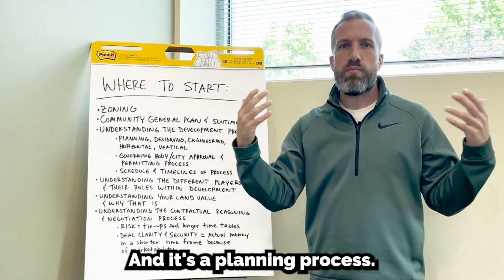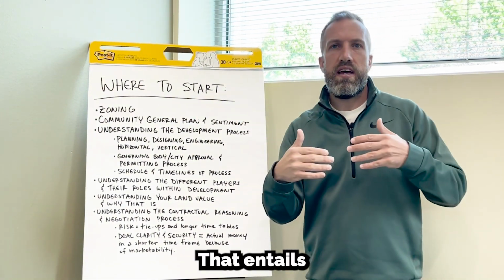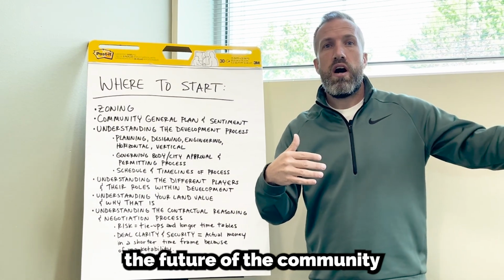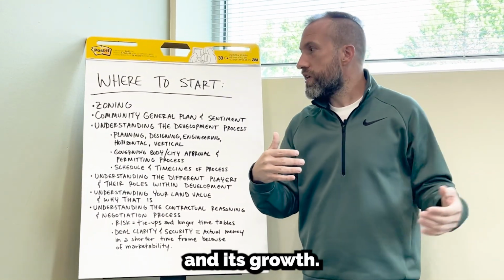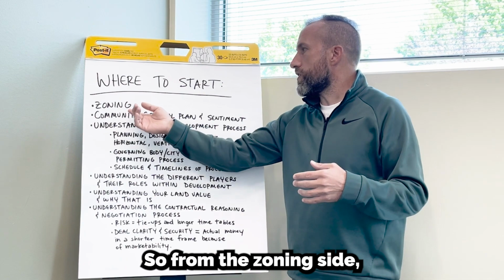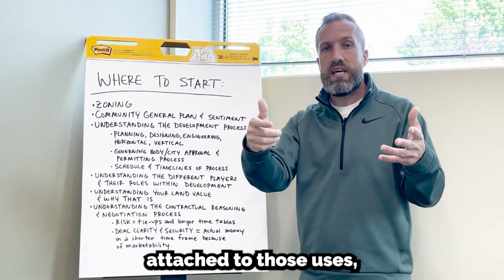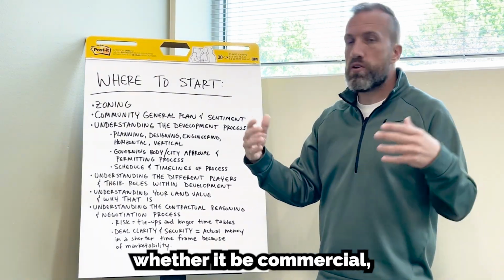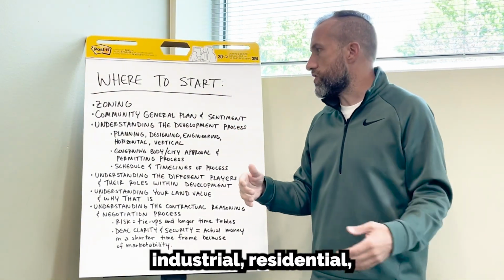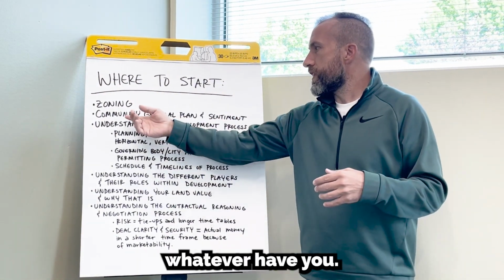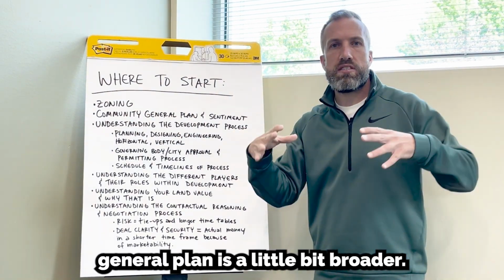And it's a planning process the city does that entails the future of the community and its growth. So from the zoning side, it talks to specific uses and the code that's attached to those uses, whether it be commercial, industrial, residential, whatever have you. The community general plan is a little bit broader.